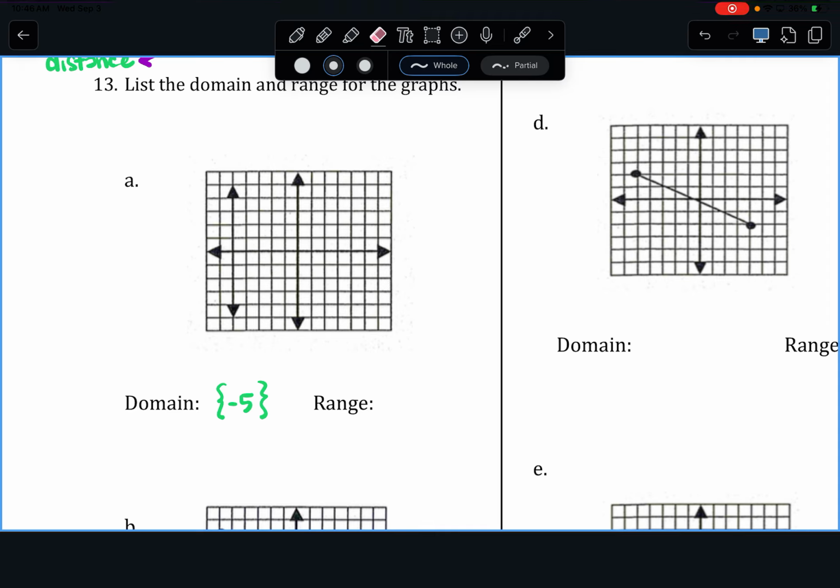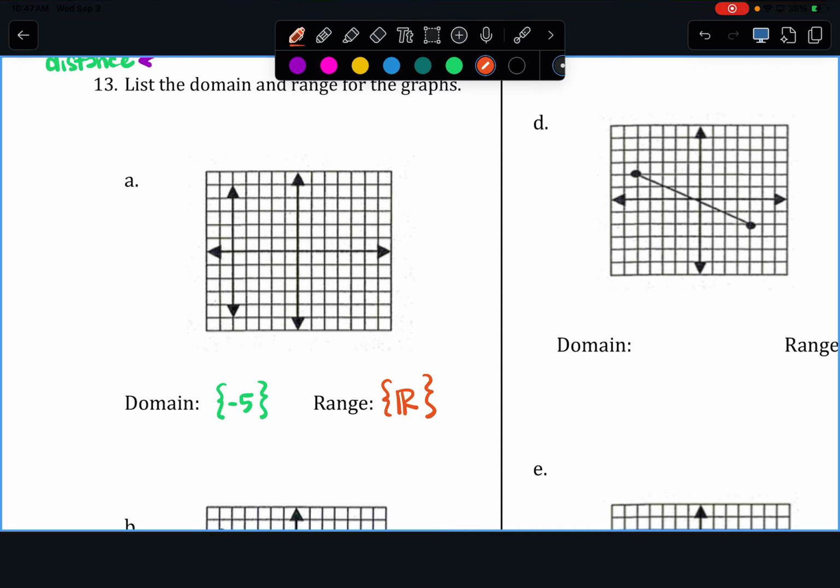It's literally just -5 because it's a vertical line. That's the only value he's allowed to be. Okay. Now for the range, right? Is he allowed to go forever down? Yeah, because there's an arrow going forever down. He's also allowed to go forever up. So I have no walls restricting the height of my function. So that means his range is all real numbers.